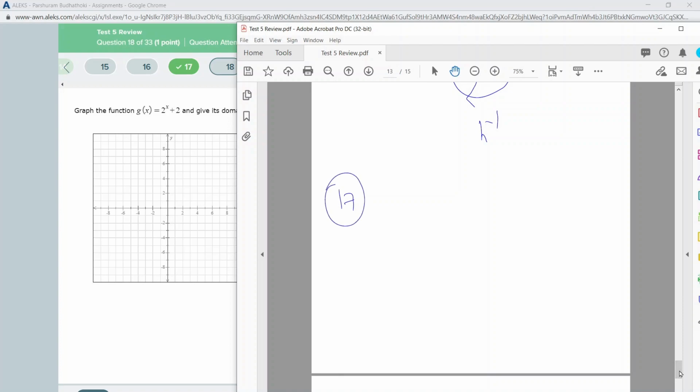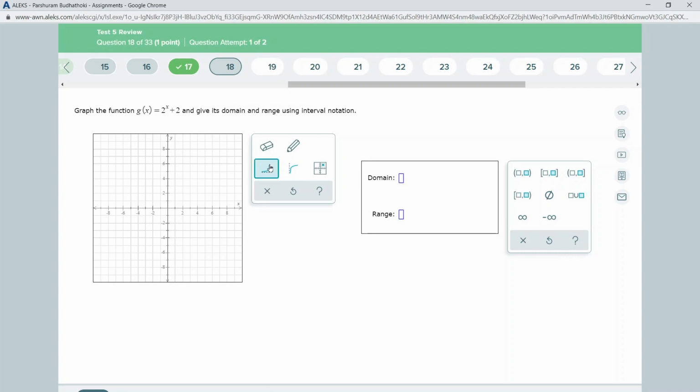The graph of 2 to the power x looks like this, always going through 0, 1. You're just shifting this graph 2 units up. So you have to choose the right notation, and then we have a horizontal line for that one, and after that you have to shift that horizontal line 2 units up.